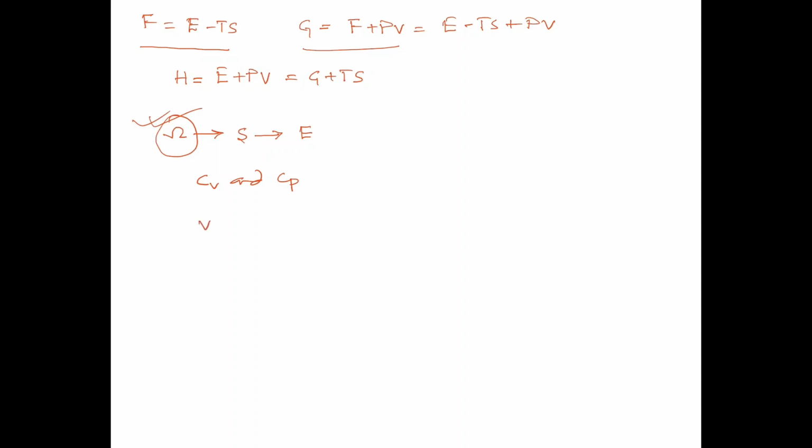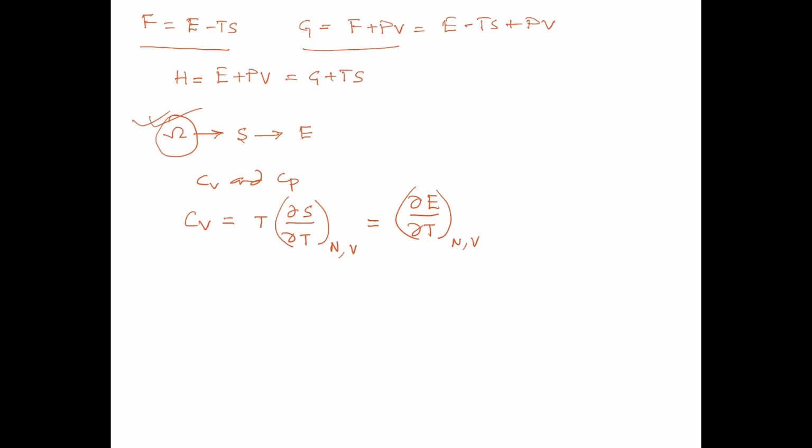Now Cv is T ∂S/∂T at constant N and V. Basically this is ∂E/∂T at constant N and V. So once we find E, we can find Cv.